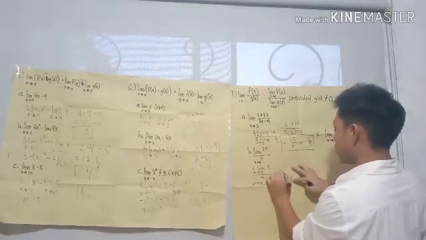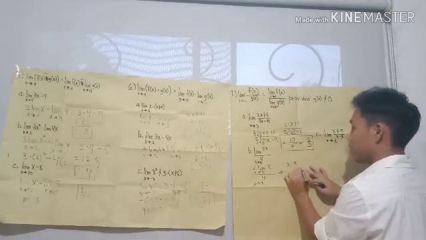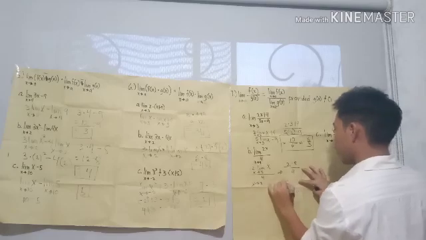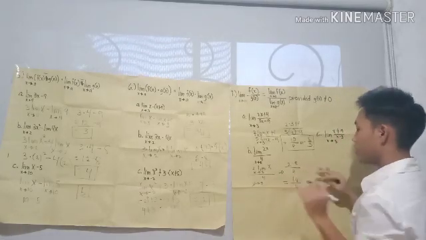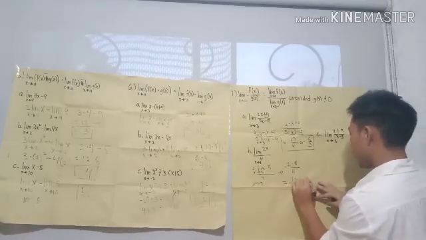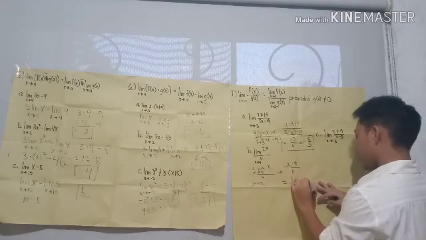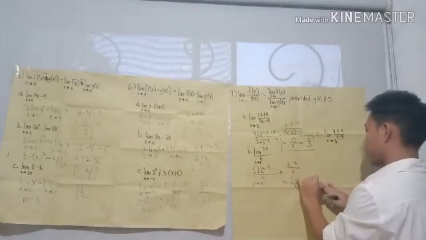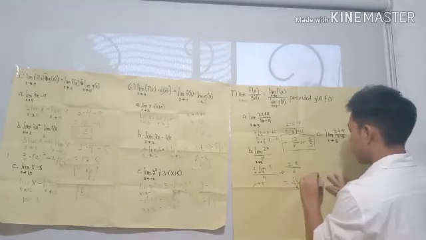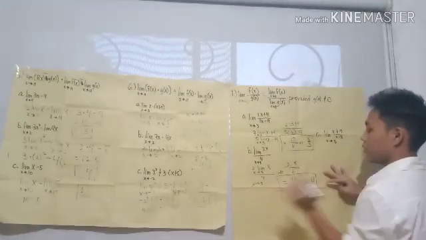Now let us substitute 2 multiplied by 8 over 4 is equal to 16 over 4. When simplified, you will get 4. And this is going to be your final answer.